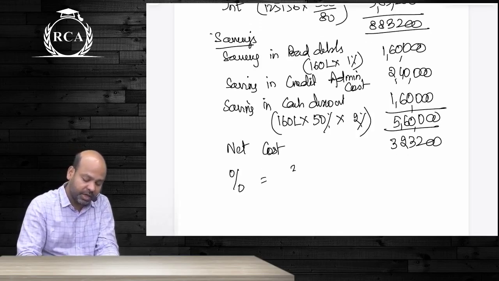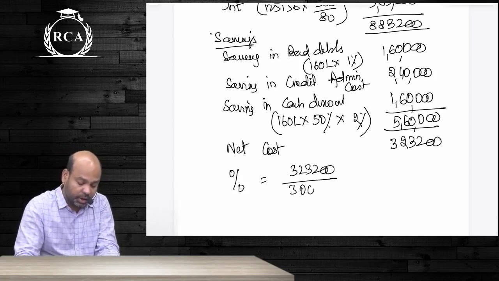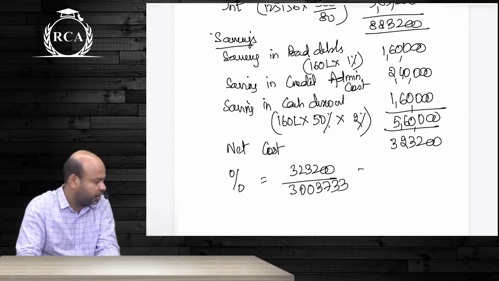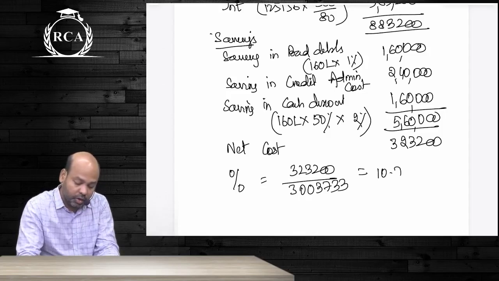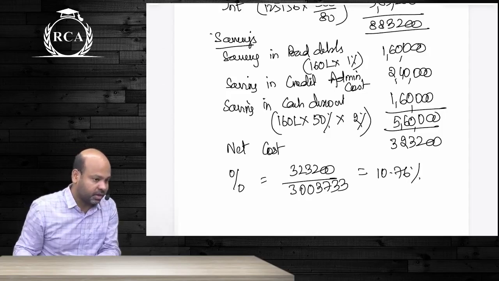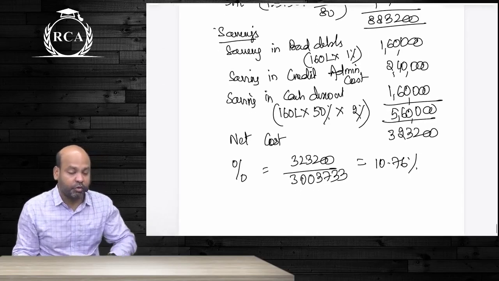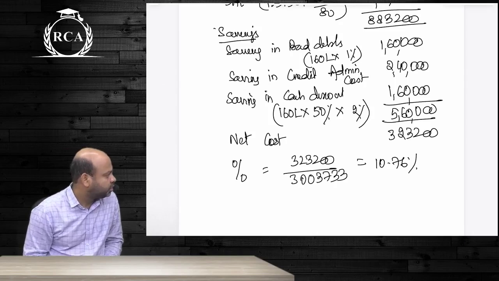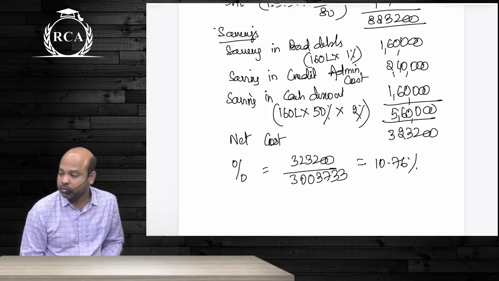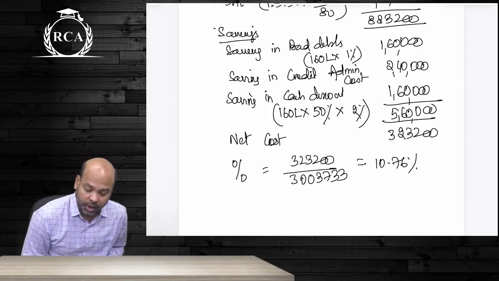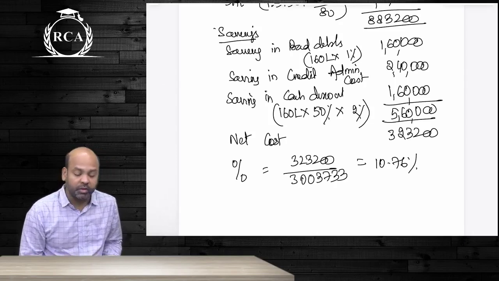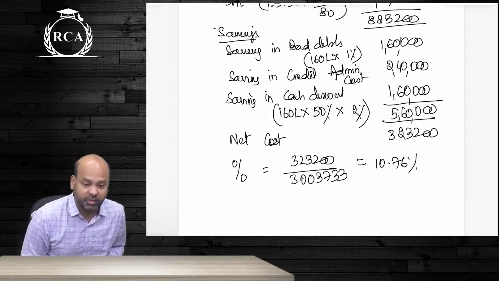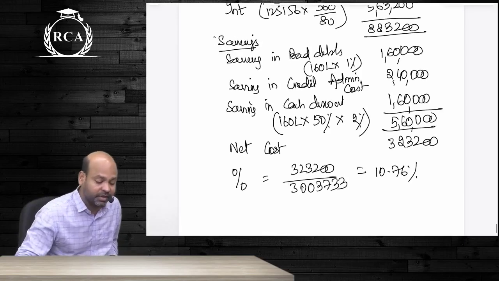Percentage terms of it will be 3,23,200 divided by 30 lakhs, 3,733. If you remember, we got the exact same answer in the class, guys. We compared it with bankers' interest of 14% and then decided what is better. The net cost is 3,23,200, guys, and in percentage terms the answer should be 10.76%.